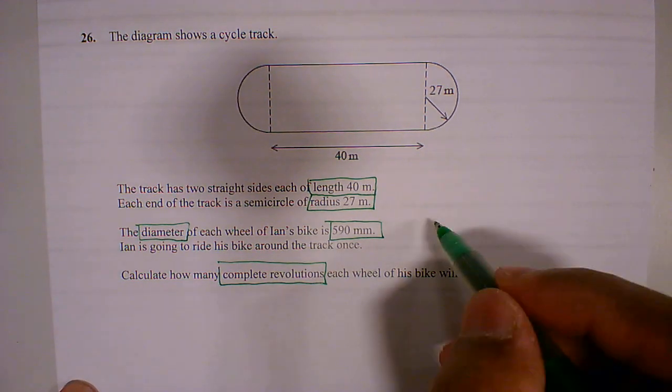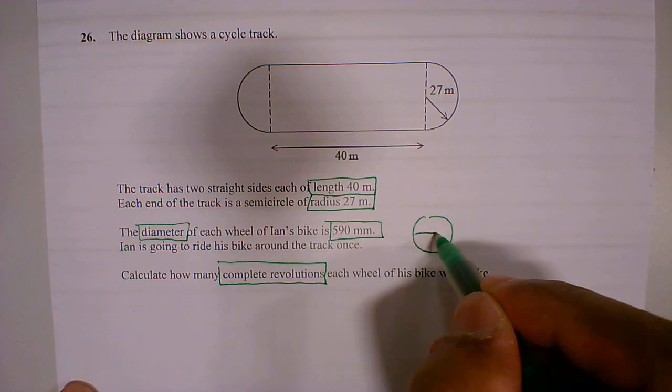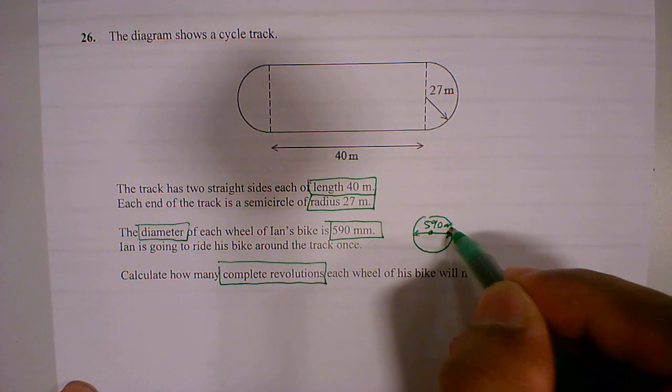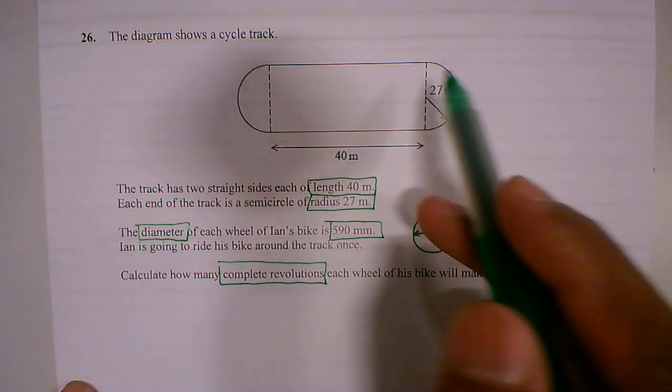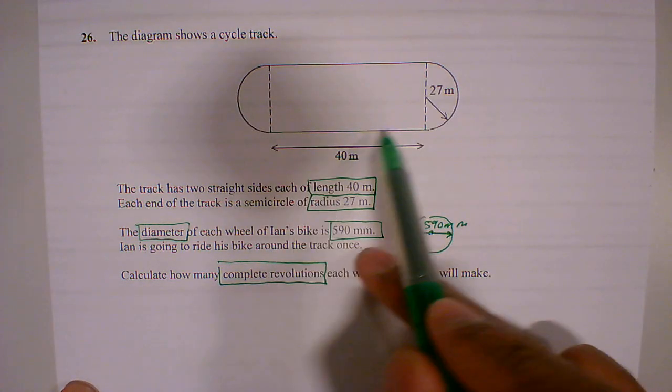So if I draw a sketch of his bike, and the diameter is 590 millimeters, how many times does this wheel go around the perimeter of this track?